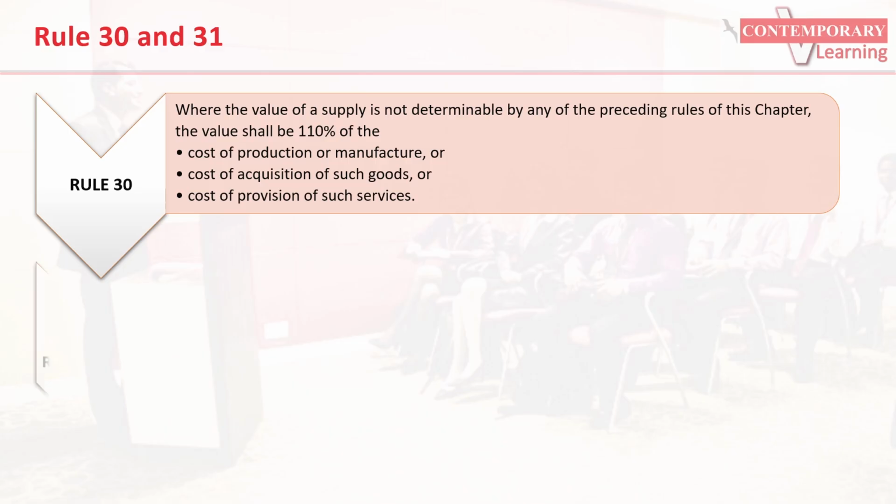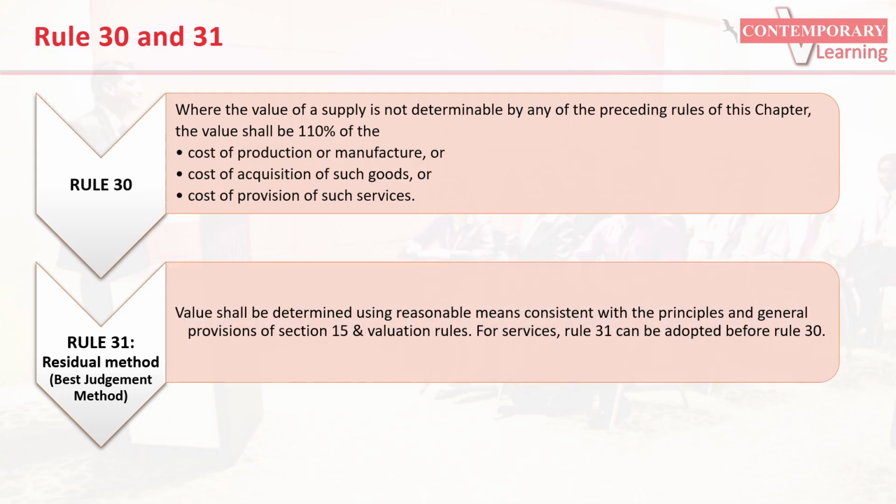Rule 31 is the residual method, also called the best judgment method. The value shall be determined using reasonable means consistent with the principles and general provisions of Section 15 and valuation rules. For services, Rule 31 can be adopted before Rule 30, providing flexibility in service valuation.